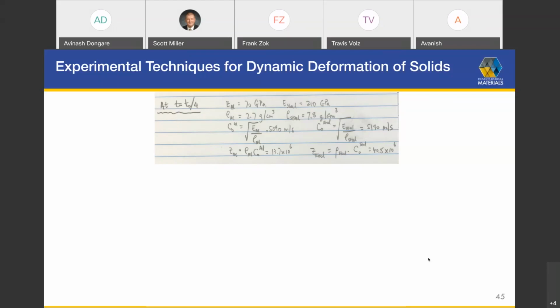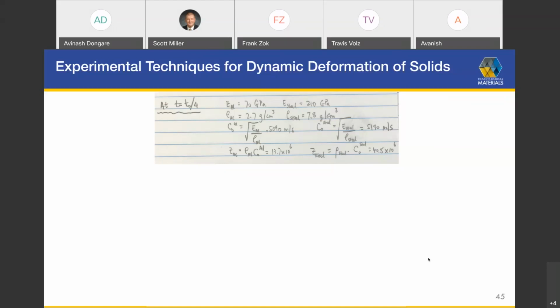One is the wave speed. This is, recall, just the root of E over rho. For the aluminum, this turns out to be about 5090 meters per second. For the steel, it's about 5190 meters per second. Note that these two numbers, even though these materials appear very different in terms of their moduli and their densities, exhibit almost the same wave speeds.